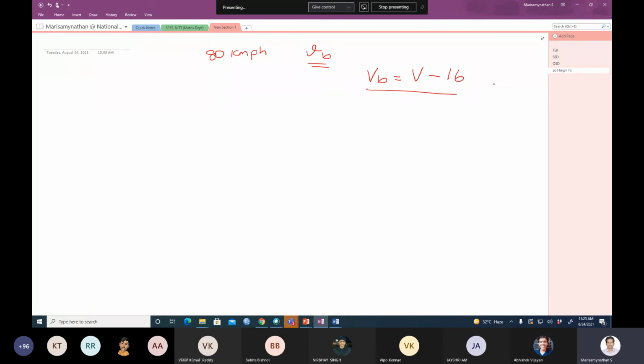This is the equation you have to use. So 80 minus 16, and you get the speed of vehicle B. This is for kilometers per hour.